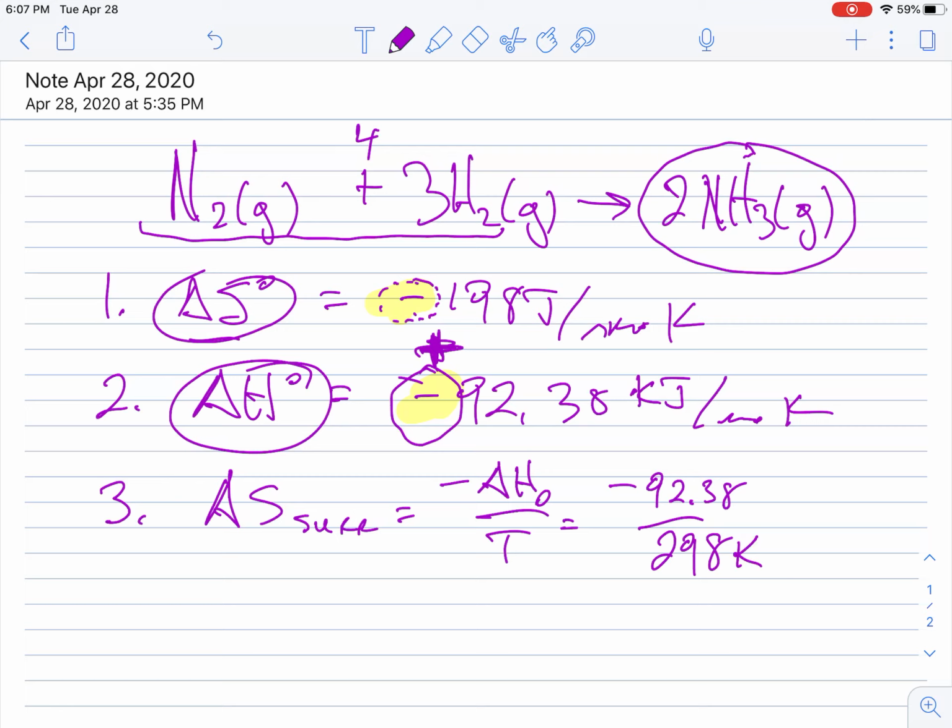And now, keep in mind, this is going to be a negative of this negative, so this in effect makes this a positive value, okay? So delta S for the surroundings, if you do the math, you get 310 joules per mole Kelvin.